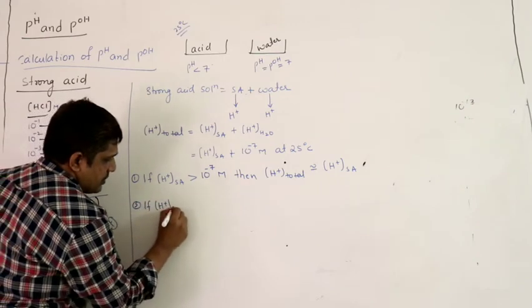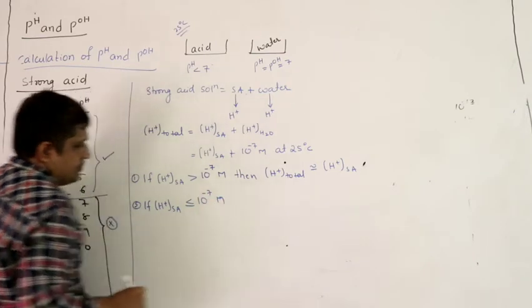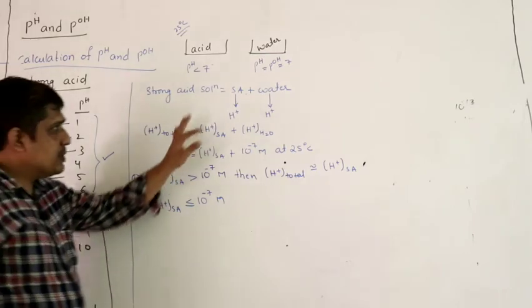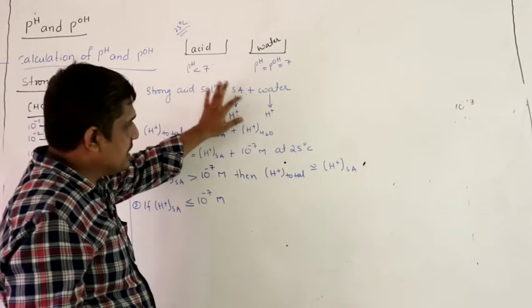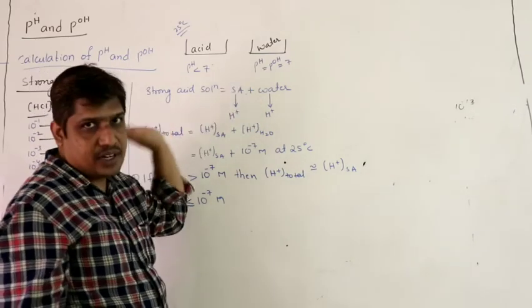But if concentration of H plus from strong acid is less than or equal to 10 power minus 7 molar, now see here, less than means 10 power minus 8, minus 9, minus 10 up to minus 14 in this area, right? That means the H plus ion concentration from strong acid is equal to or less than the contribution of H plus ion from water.